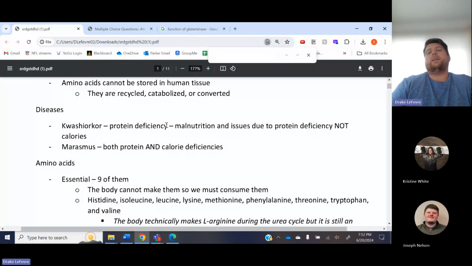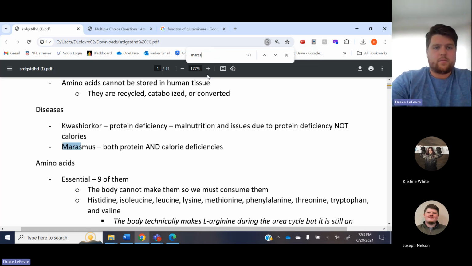For example, you could be eating 8,000 calories of rice every single day, but because you're not getting any of the protein that you need, you become malnourished. So it's a protein issue, not a calorie issue. And that's kwashiorkor. Marasmus is the other one, and that is both protein and calorie deficiency.